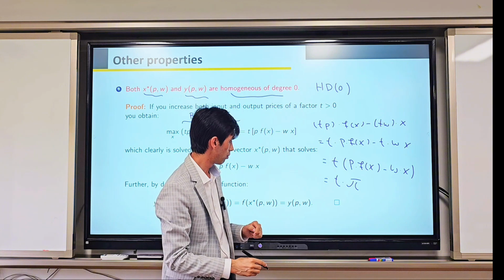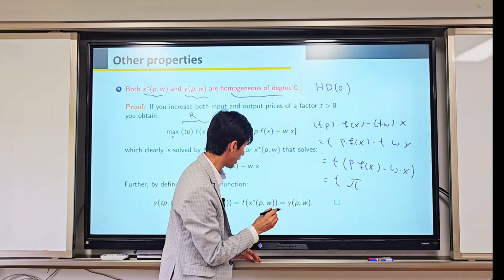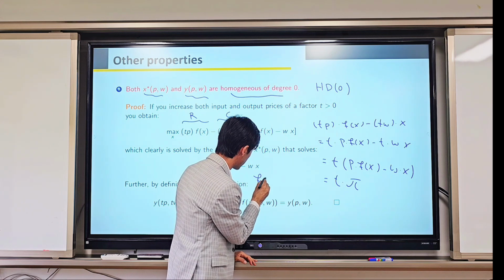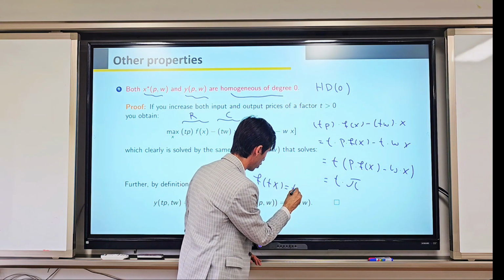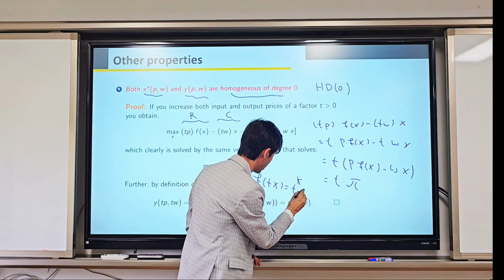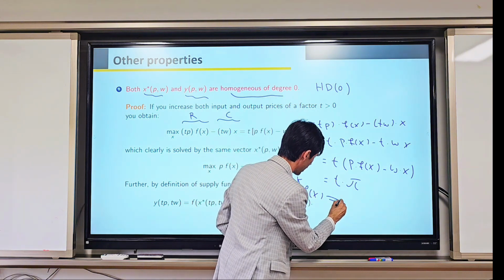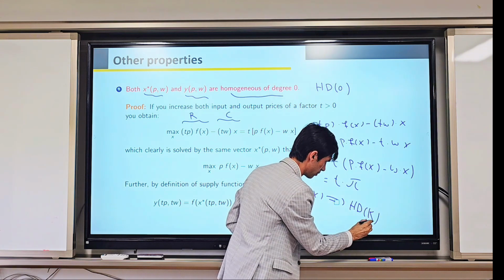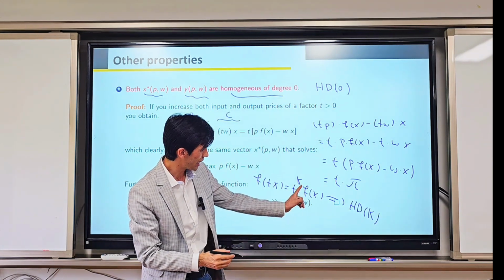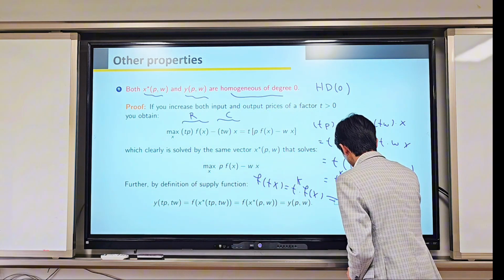And from the homogeneous of degree, we know that if f(tx) is equal to t to the power of k multiplied by f(x), this function is homogeneous of degree k. But in this case, our k here is equal to 0.